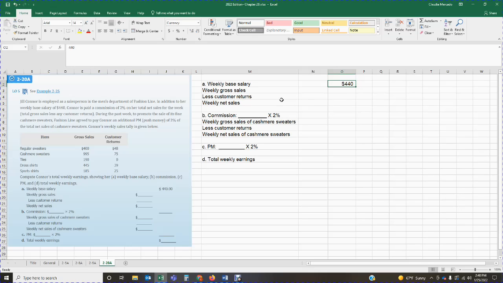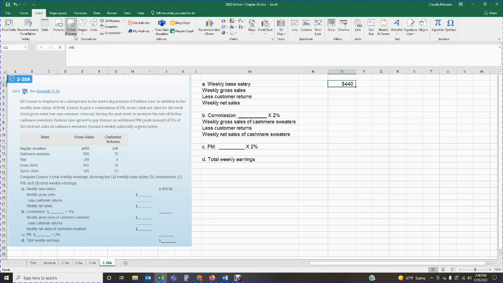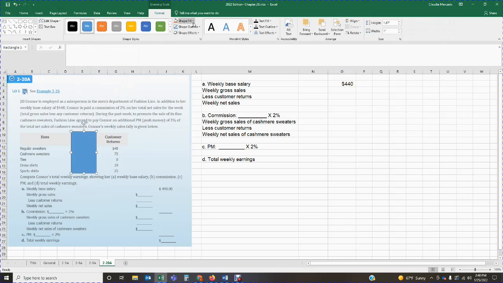Now we have to figure out the weekly gross sales. We're going to calculate the gross sales as well as the customer returns. For the gross sales, we're going to tally this column up and add them all up.